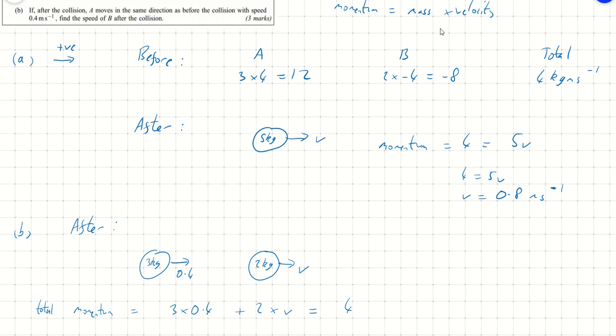So we just solve this. 3 times 0.4 is 1.2, plus 2v equals 4. That implies that 2v equals 2.8, which implies that v equals 1.4 meters per second. So that's the final speed of B. It's 1.4 meters per second, and it's pretty obviously moving to the right as well.